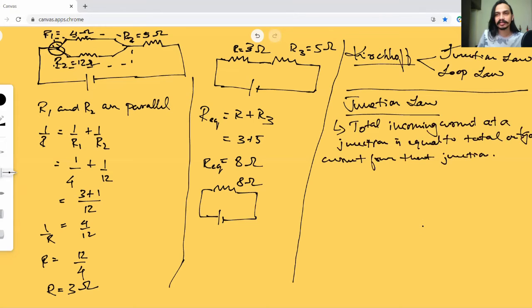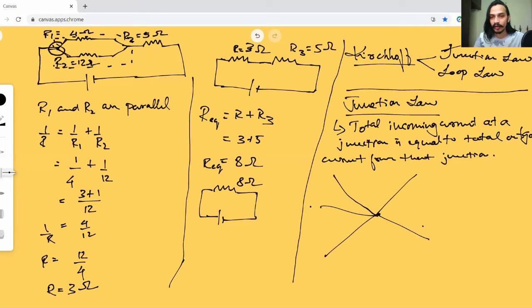Now a junction does not need to have only two or three, it can have many connections. Say there is a junction that looks like this: 1, 2, 3, 4, 5.